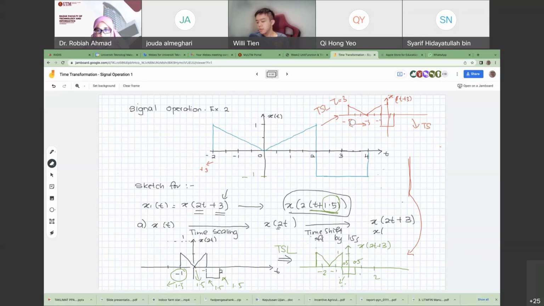So initially we shift by 3 and then we compress by 2.